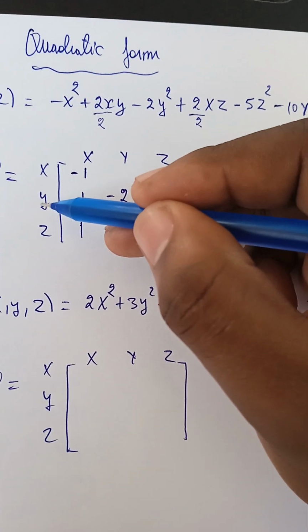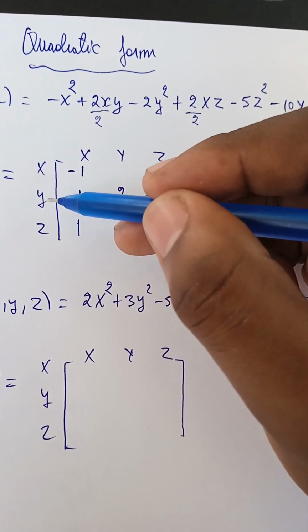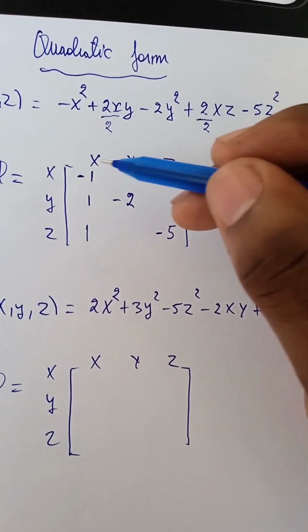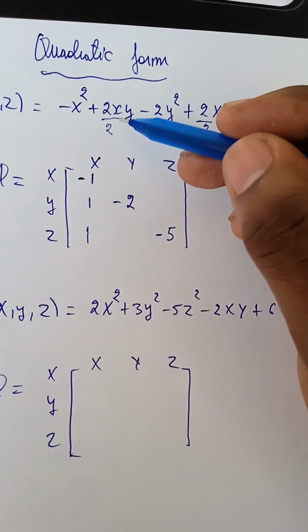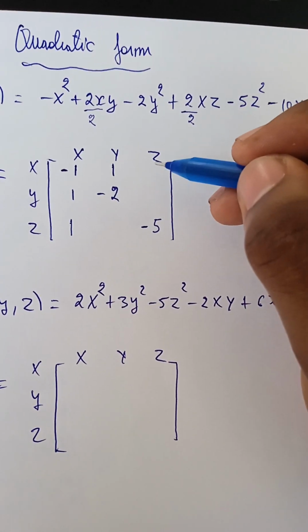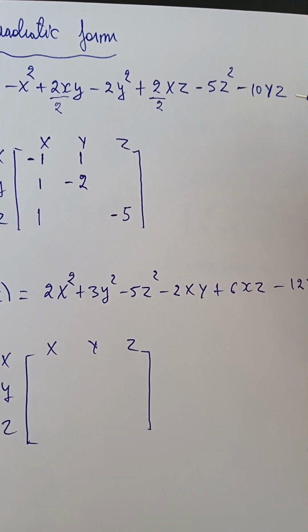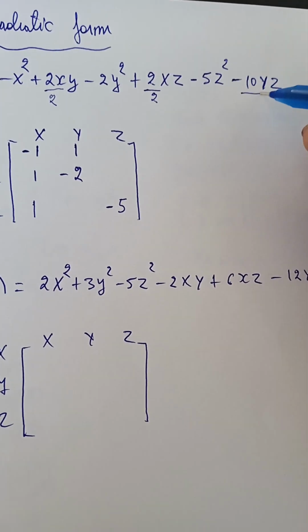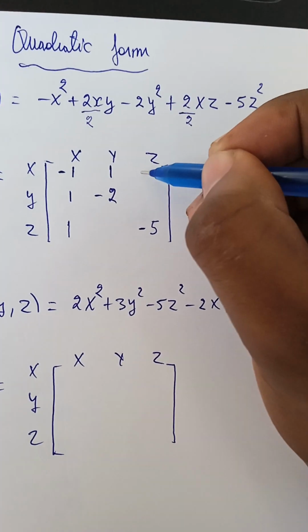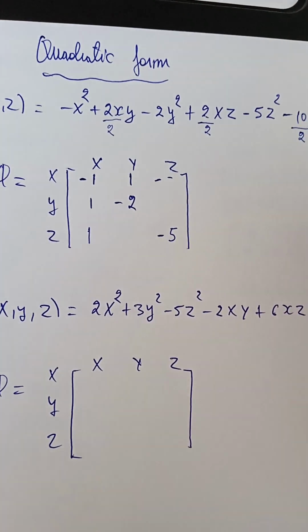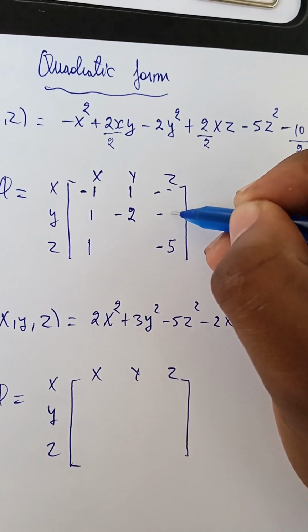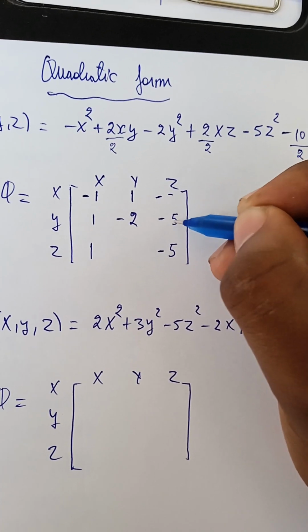So we are going here. X and y, the coefficient is 1. You put 1 here. Y and z, the coefficient is minus 10. Minus 10 divided by 2 is equal to minus 5. So here it will be minus 5.